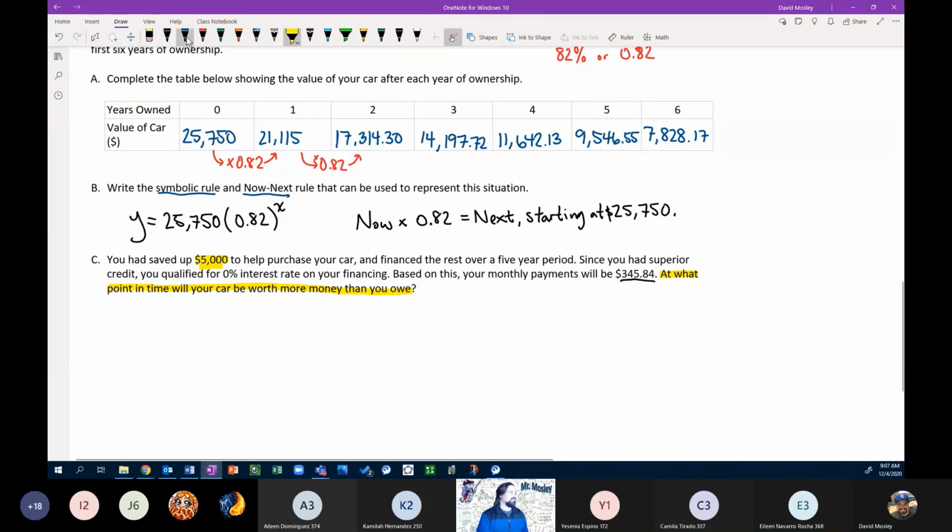Our new start value is going to be the 25,750 minus your down payment. Okay, so that'll leave us with $20,750. This is the amount financed.